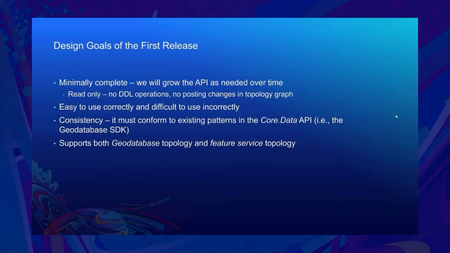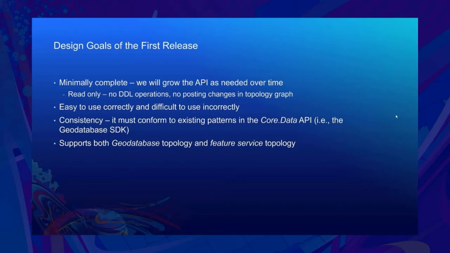The design goals of the first release of the topology API are: first, minimally complete. We will grow the API as needed over time. Currently, it is read-only. It does not support DDL operations.